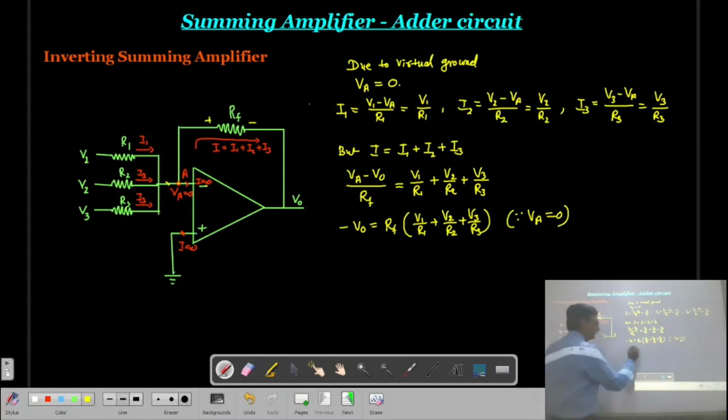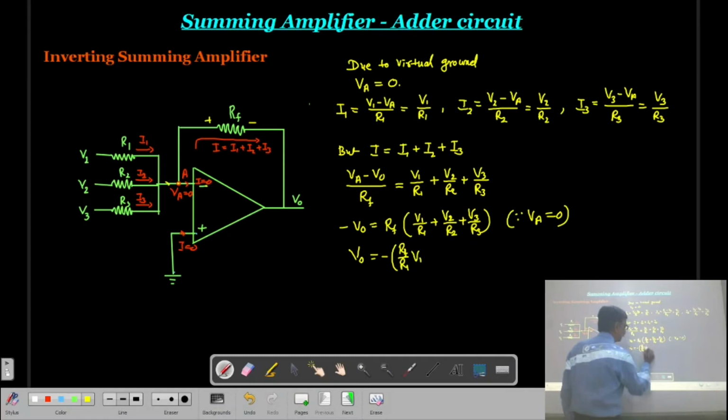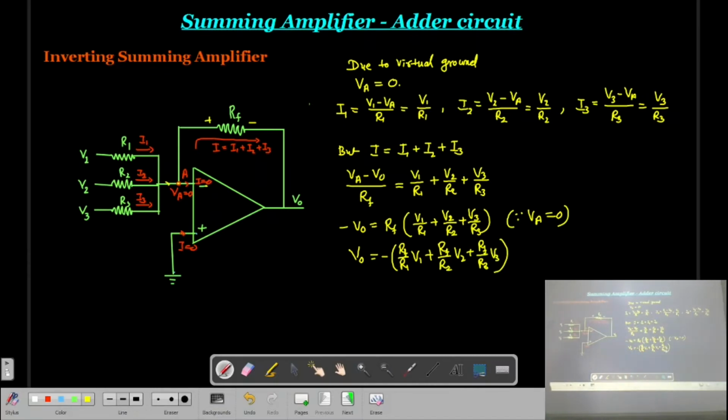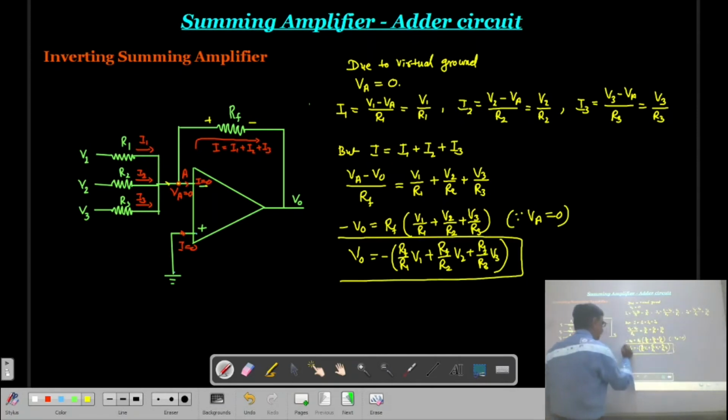So this expression we can write as the output voltage of the summing amplifier. We can also write it in this way: minus, RF by R1 into V1 plus RF by R2 into V2 plus RF by R3 into V3. Remember, this expression is very useful.